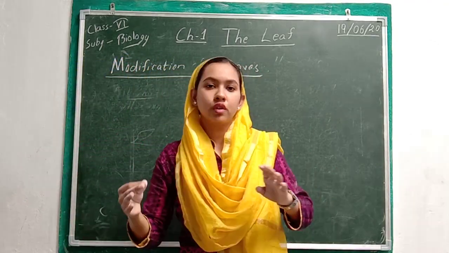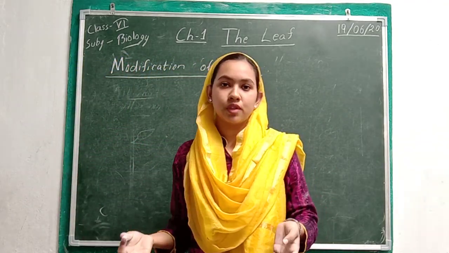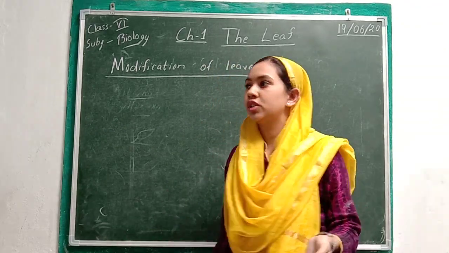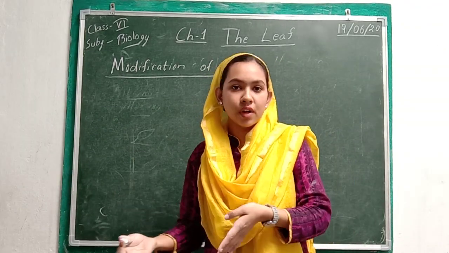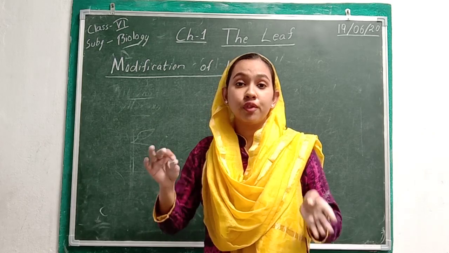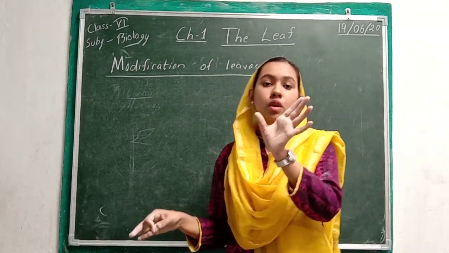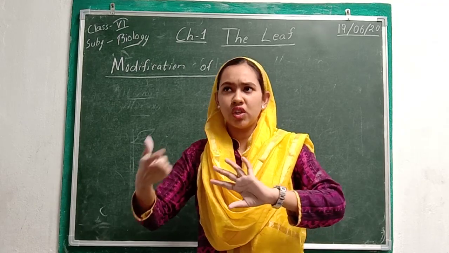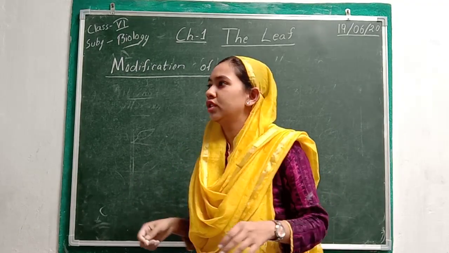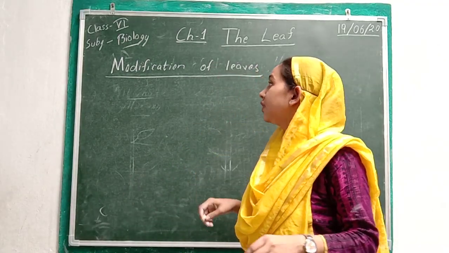We said it is used for making food by the process of photosynthesis, and used for transpiration. But apart from these functions, when a leaf has to perform some additional functions, then the leaves are modified. The word modified means there is a basic change, maybe in structure or function. So how are the leaves modified?